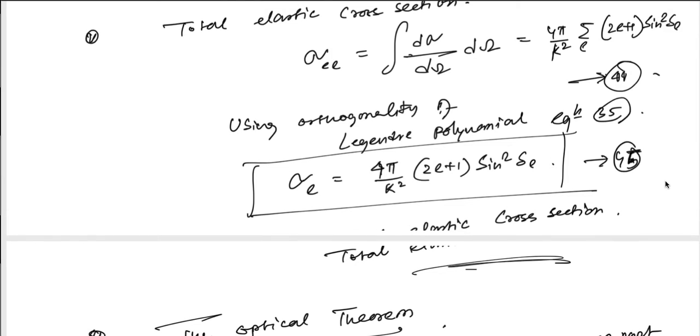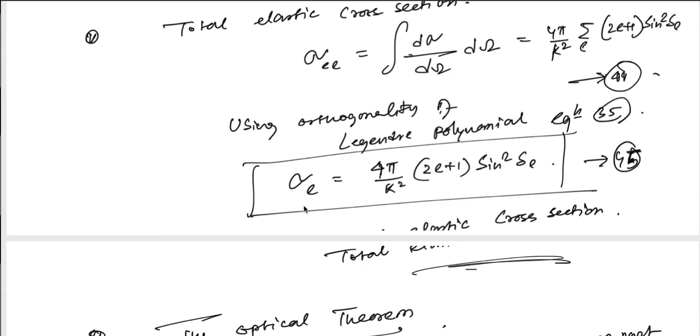And if we use the orthogonality of the Legendre polynomial, equation in 35, while calculating this quantity I use the orthogonality of Legendre polynomials, but this is just to interpret this.